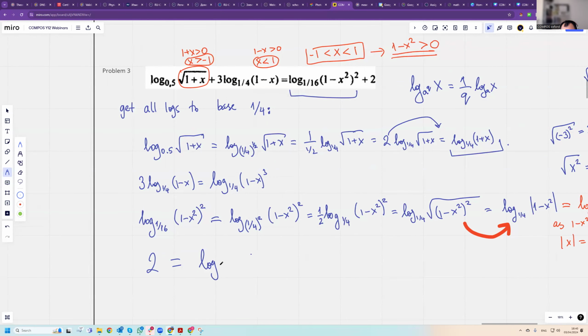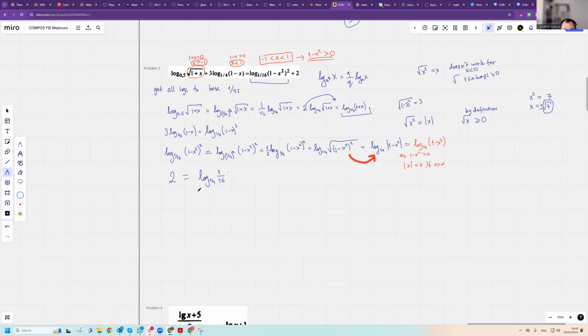It's going to be log base a quarter of 1/16. I believe that this is correct. Yeah. All right. And now we come back to the equation.